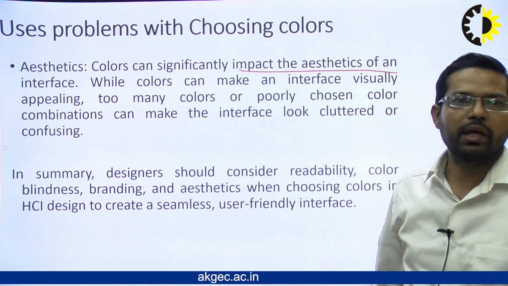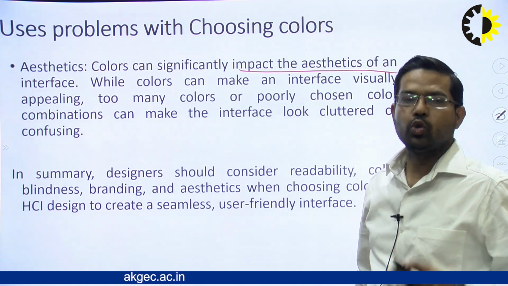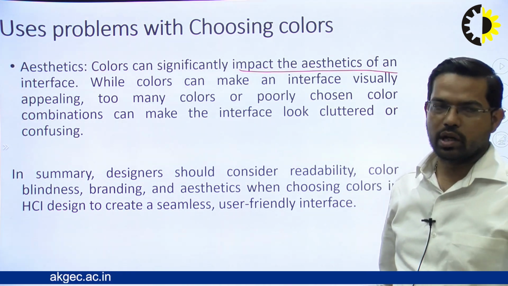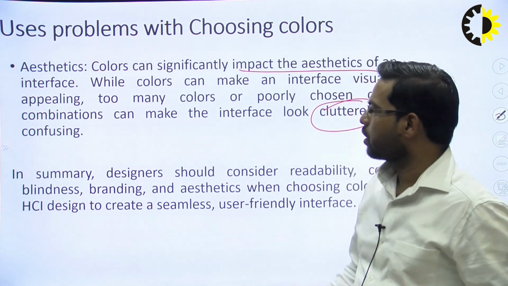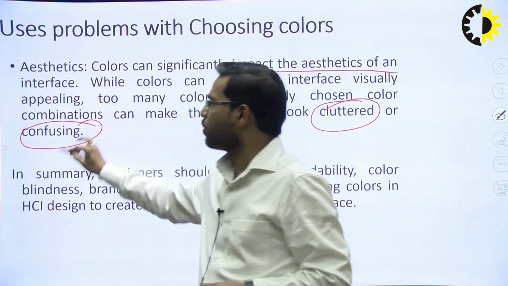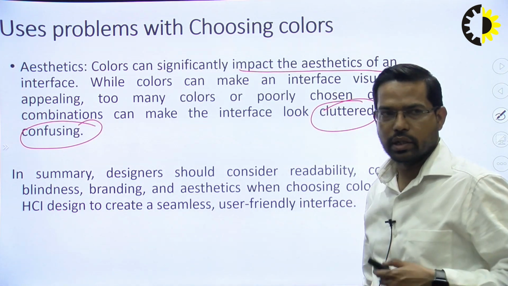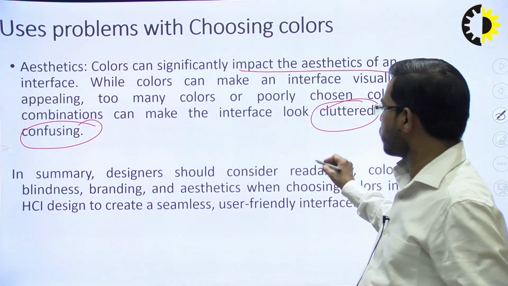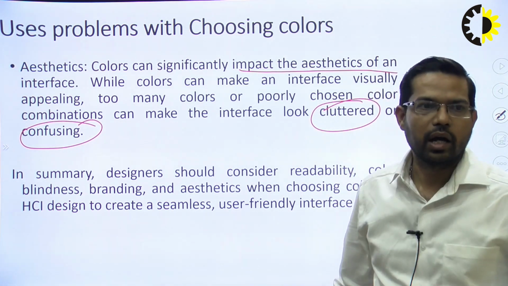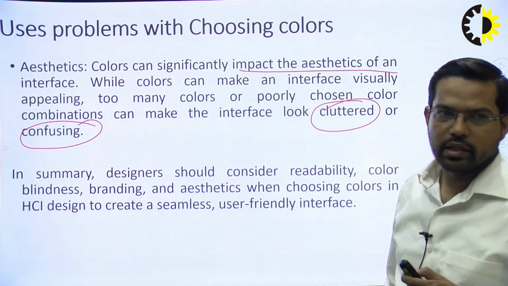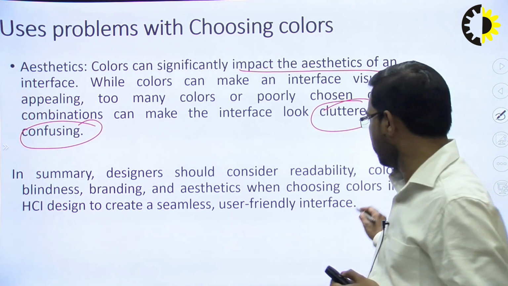While color can make an interface visually appealing, too many colors or poorly chosen color combinations can make the interface look cluttered or confusing to the user. So we have to avoid these conditions. In summary, designers should consider readability, color blindness, branding, and aesthetics when choosing color in HCI design to create a seamless, user friendly interface.